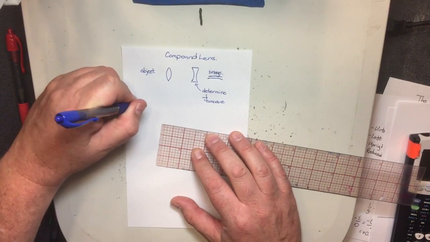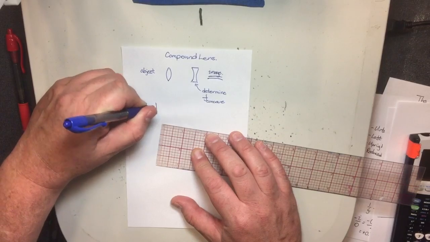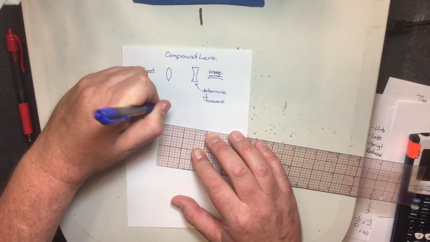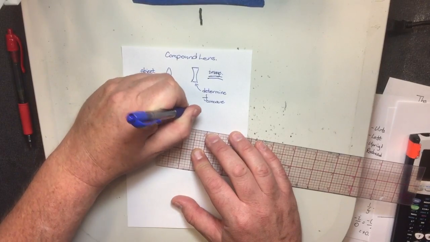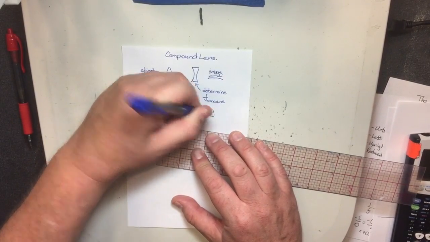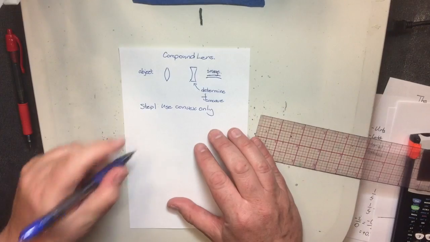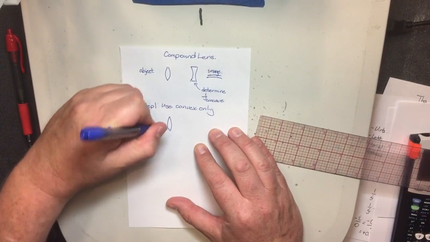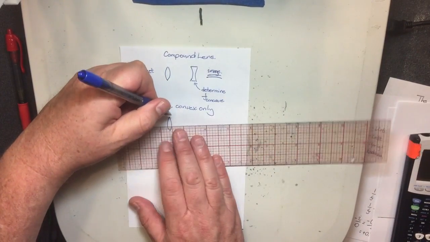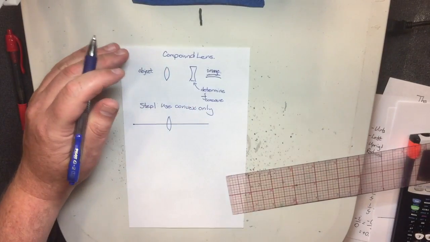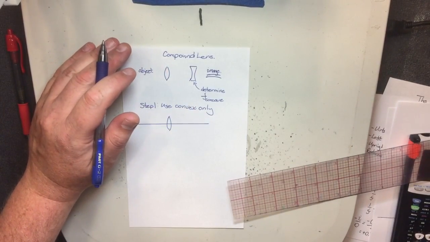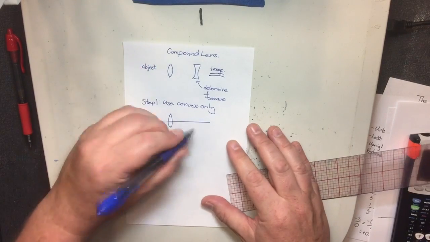For a compound lens, step 1, use convex only. So the first thing you're going to do is you're going to have this convex lens, using a basic experiment.